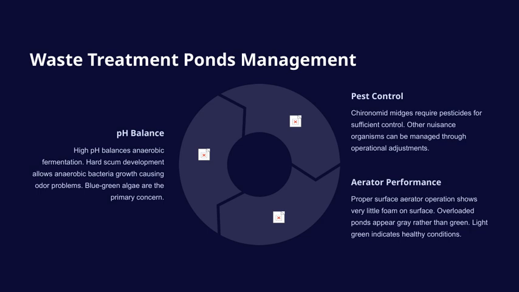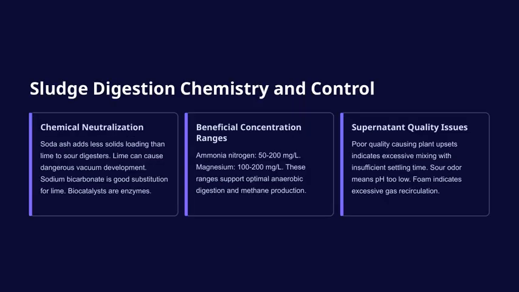All these management practices tie back to the overall goal of maintaining a healthy, efficient waste treatment pond system that minimizes odors and nuisance organisms while promoting proper biological processes. Let's take a closer look at sludge digestion chemistry and how we can effectively control it. One important aspect is chemical neutralization.